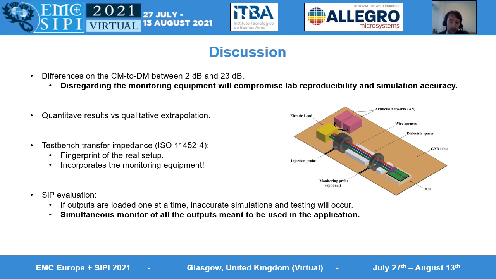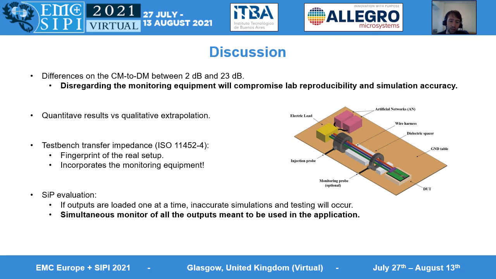And with regard to the system in package evaluations, we consider this work a proof of concept that if loading one output at a time, we may run into a lack of accuracy during simulations and testing, as we said before.